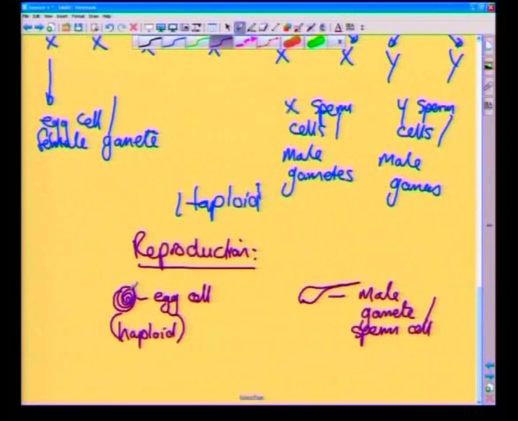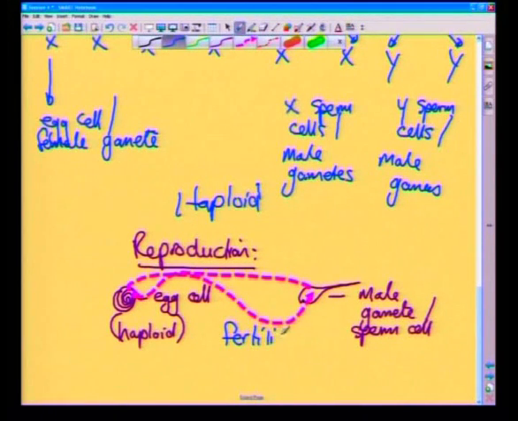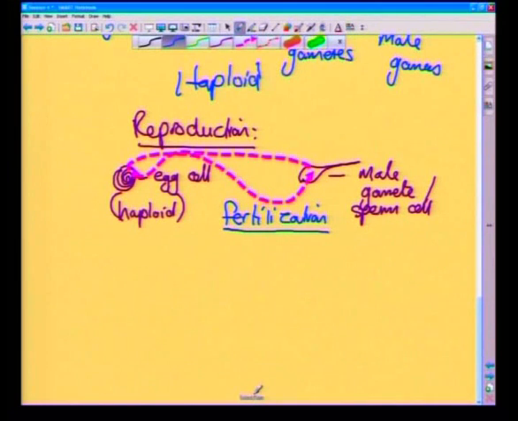And the 2 of them fuse. What is that process going to be called? It is called fertilization.